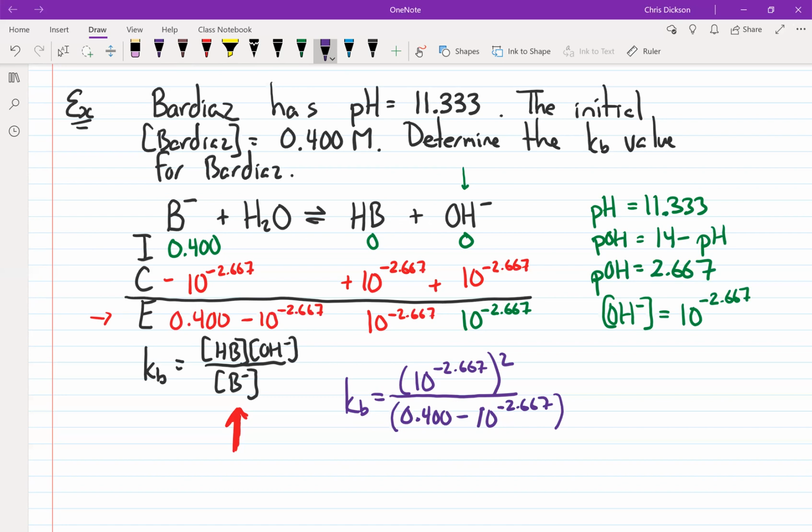And that would equal 1.165 times 10 to the minus 5, and sig figs here are 3 sig figs, I believe. So 1.17 multiplied by 10 to the minus 5. Okay, so the Kb value is not huge, but definitely not super small. So this is definitely a weak base here.